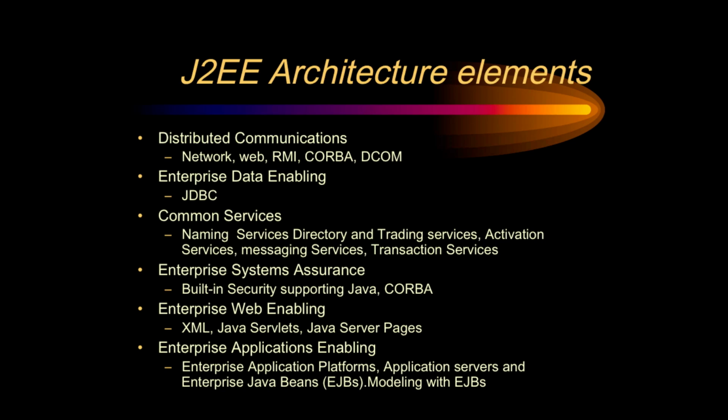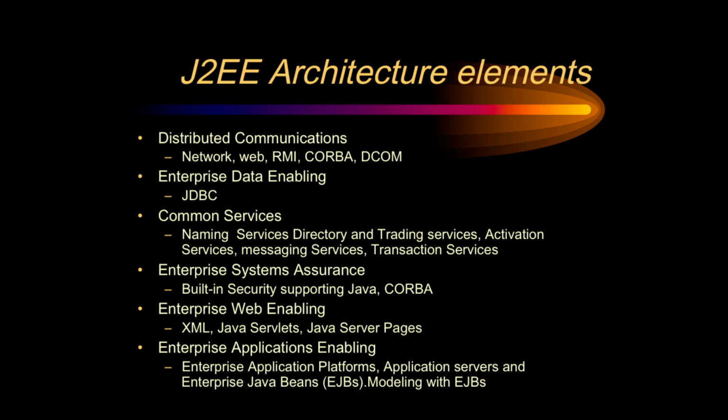So what does the whole thing look like? What are some of the elements of this big environment? Well, it has distributed communications, so it handles built-in networking, web access, remote method invocation, that's RMI, CORBA for Common Object Request Broker Architecture, and DCOM, another standard for distributed communications. So lots of ways to move information back and forth between different servers or between browsers and servers.